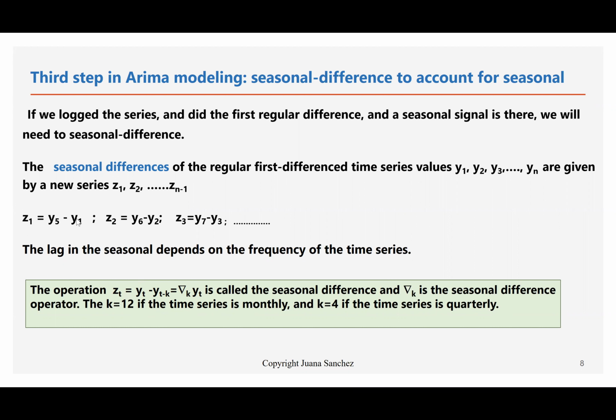That's why we used Y5 minus Y1 here, and here Y6 minus Y2, and so on. That's very important. Although it's also differencing, the operator is the seasonal differencing operator, and we denote it by k, because k is the lag by which we difference. It's very important that you become familiar with this notation.